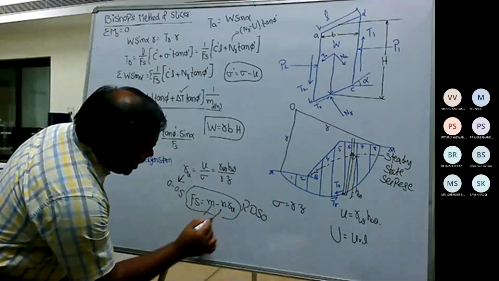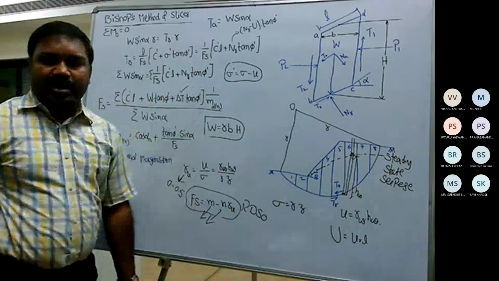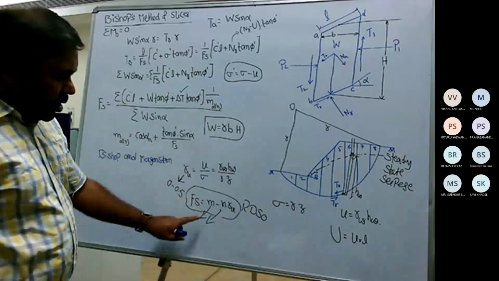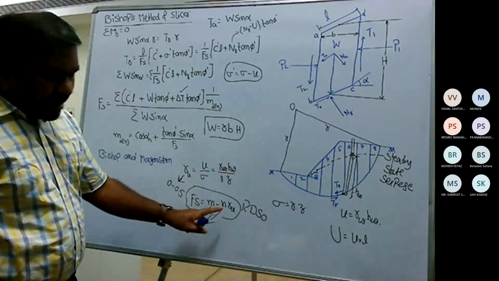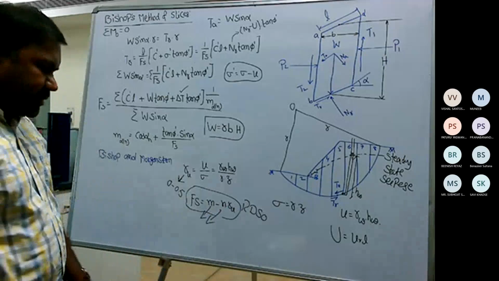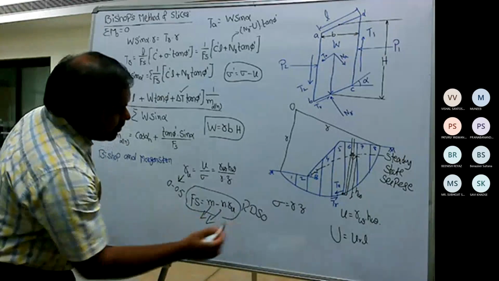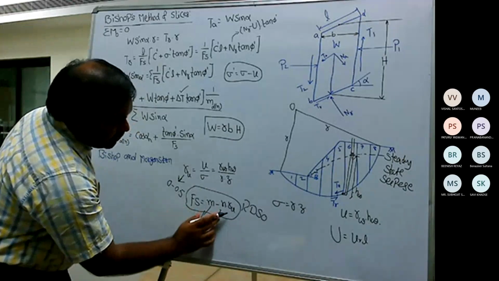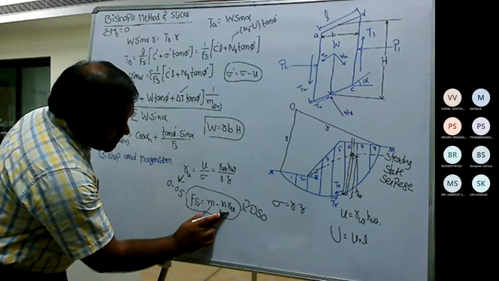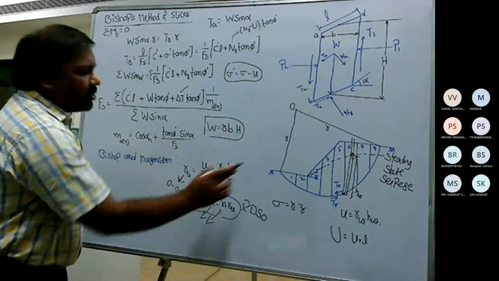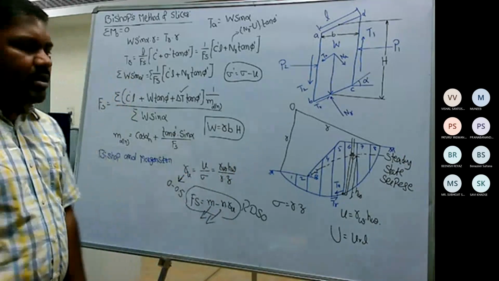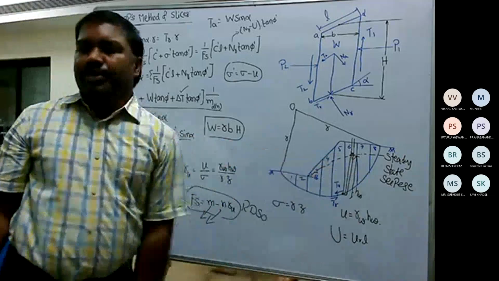M and N are related to the stability number and so on. I will discuss M and N in the next class, maybe tomorrow's class. But this is a simple equation. If you look at this equation, it inherently considers the impact of the pore pressure coefficient, or the effect of the steady state seepage.